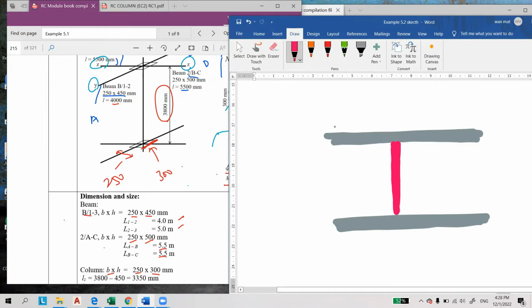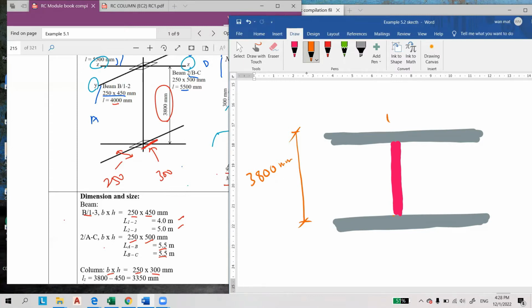I mean the clear length here. From here to here, what is the length? 3,800 millimeter. And here is 300.